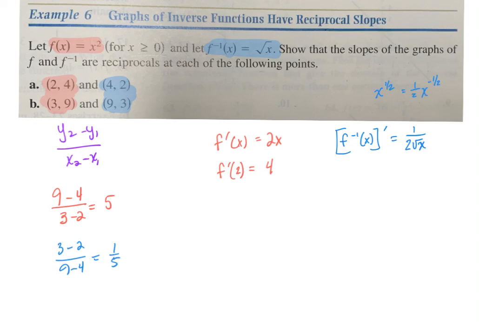So that's how I get 1 over 2. And I now need to check the point 4, 2, because that's what goes along with this one. So if I check that at 4, I get 1 over 2 square root of 4, which is 1 over 4. They are reciprocals at that point. The slopes of the tangent lines are reciprocals at that point.